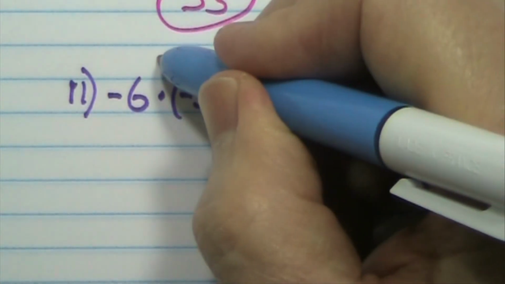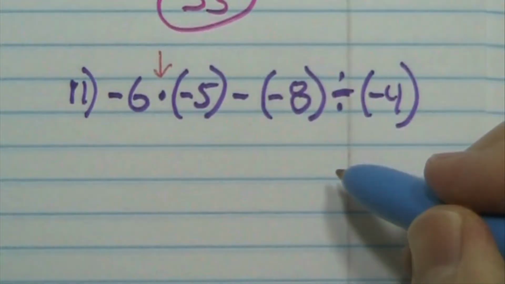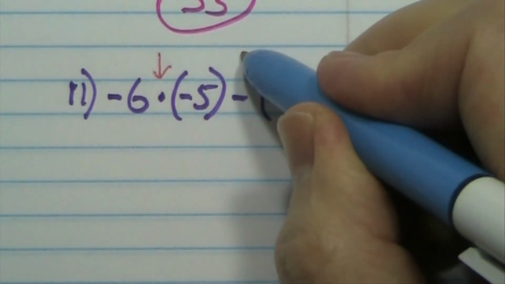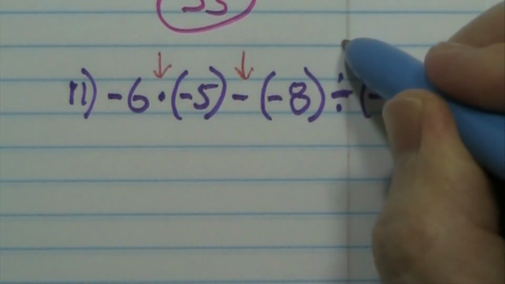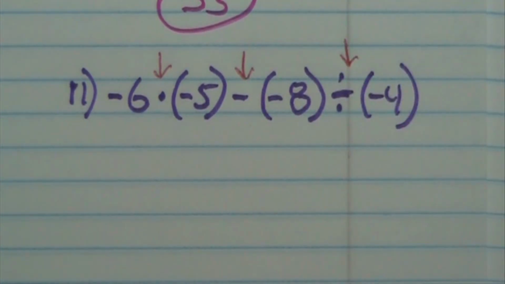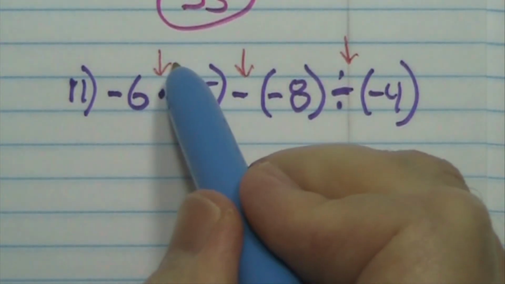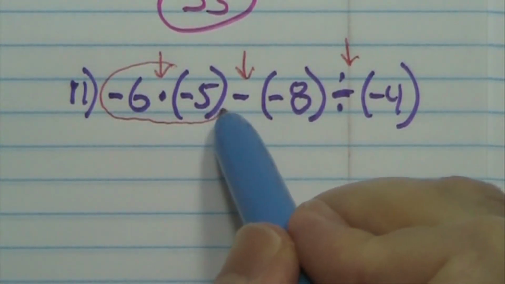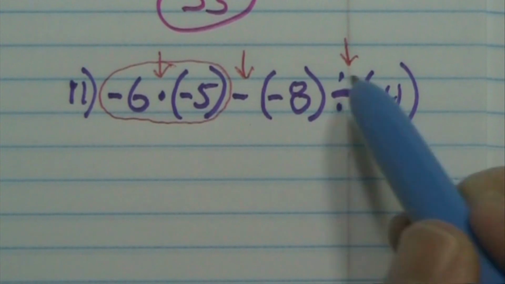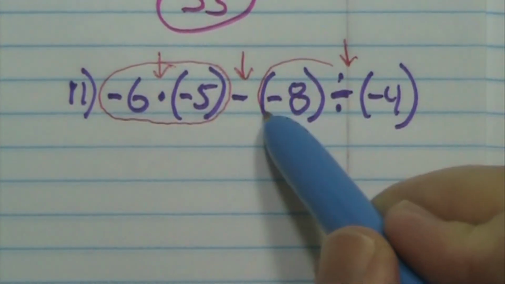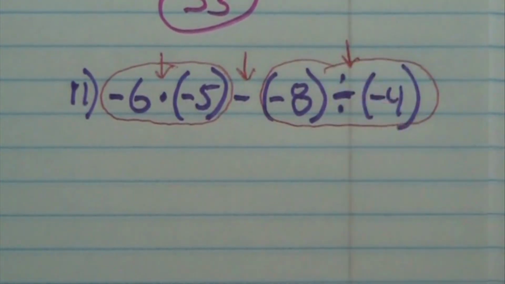We have multiply, this is subtract, and this is divide, just like we did before. And so we'll do the same. We're going to do this first, and then this second.